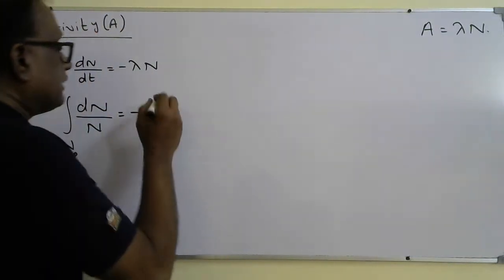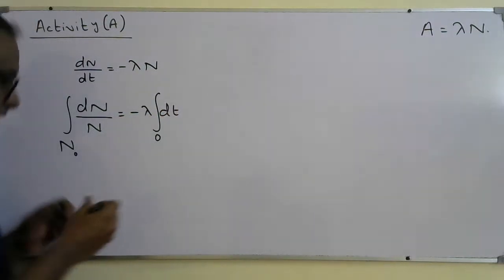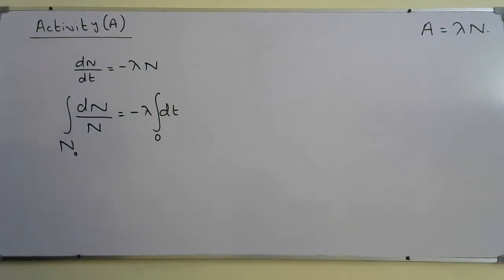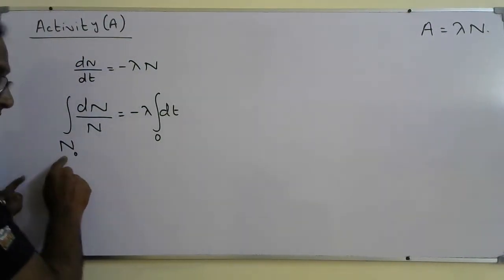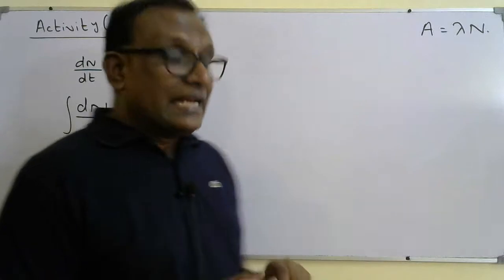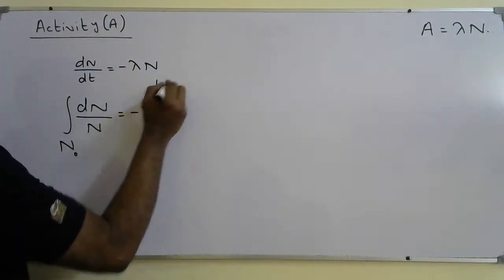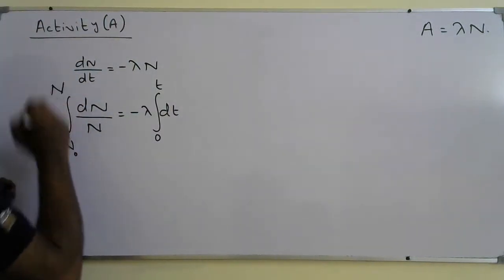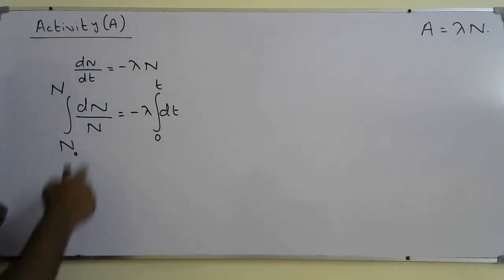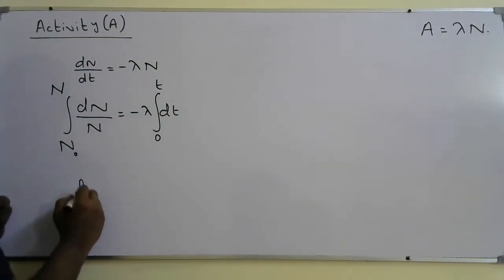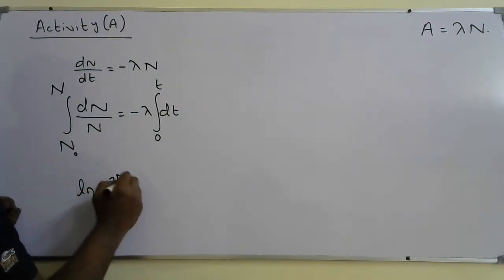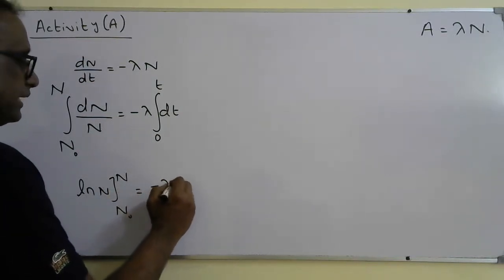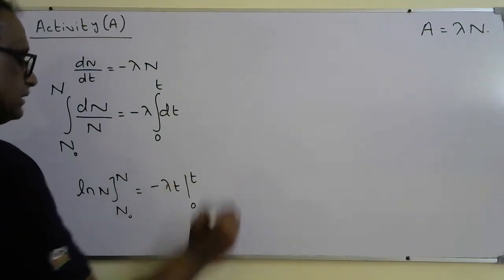Later at time t, the number of nuclei remaining is N. So integrated, 1 over N dN is ln N, the natural logarithm, from N naught to N. This is minus lambda t from 0 to t.